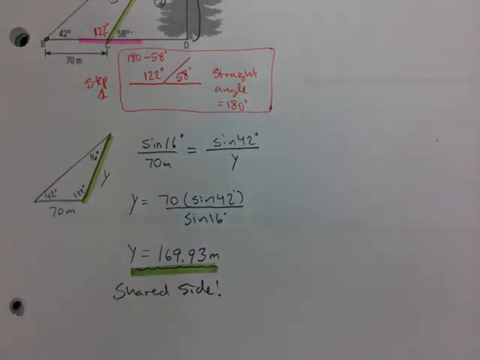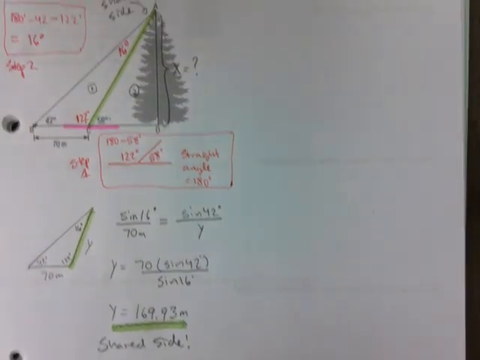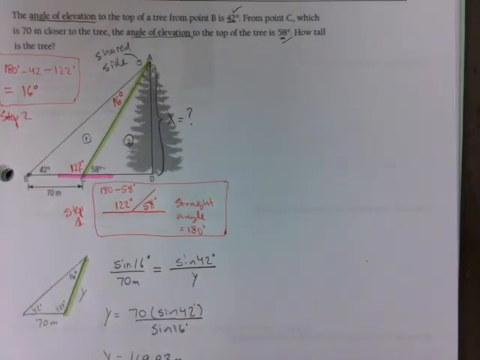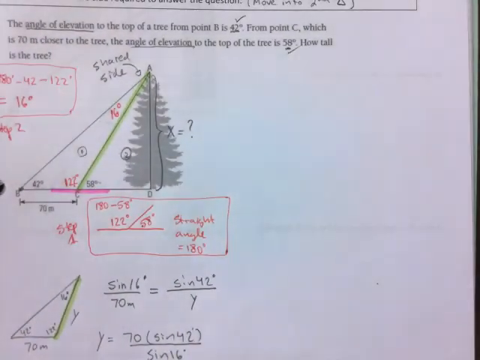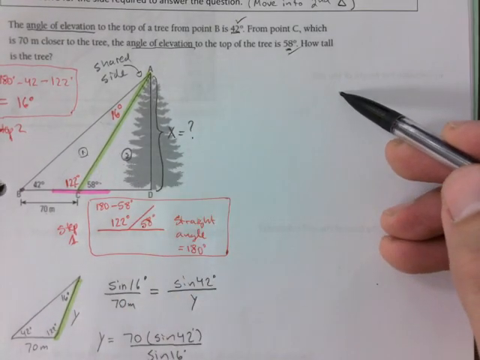Okay. So I'm gonna zoom out. I'm gonna try zooming in as much as I can because I know it's hard to see sometimes. I'm gonna recreate this triangle over here.